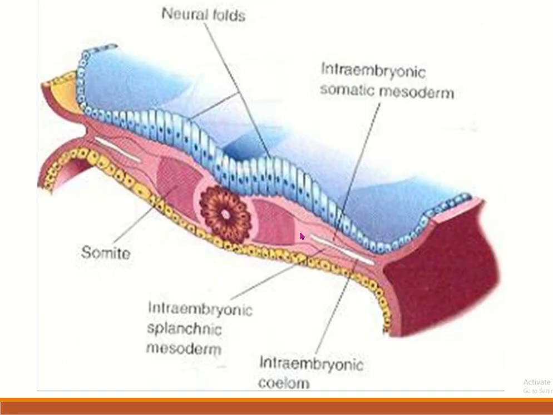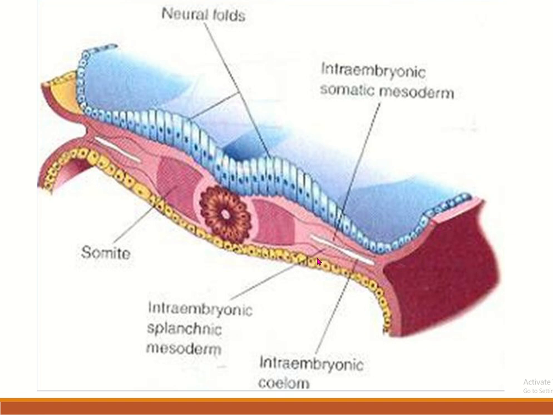The mesoderm is again divided into three parts: paraxial mesoderm, intermediate mesoderm and lateral plate mesoderm. You see there is an intraembryonic coelom starting to appear within the lateral plate mesoderm. One part runs with the ectoderm, and this part of the lateral plate mesoderm is known as the somatopleuric layer of lateral plate mesoderm.